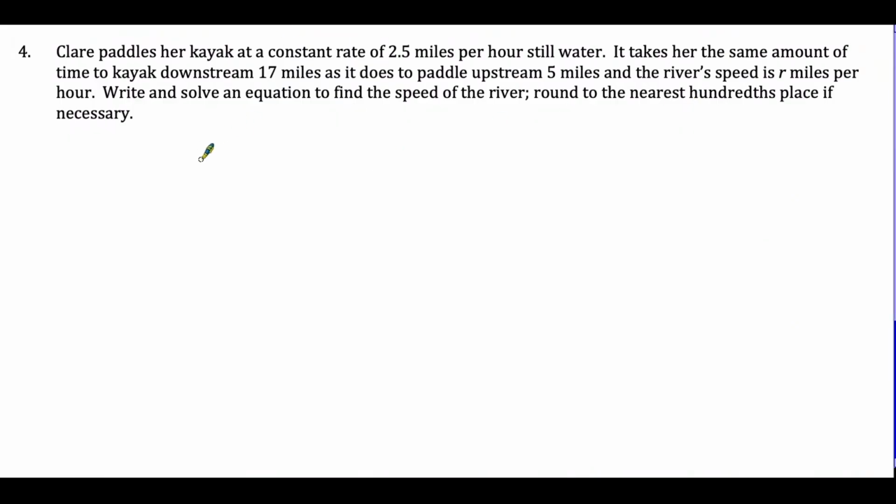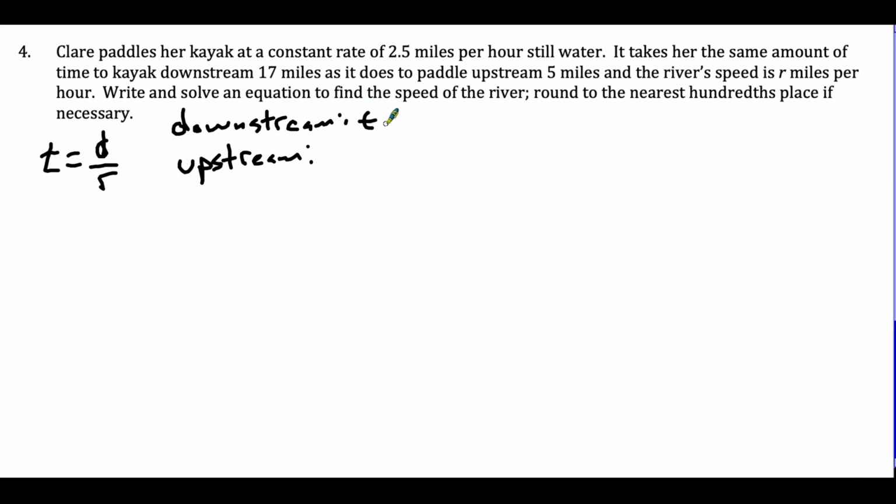To do that, I need to first write expressions for the amount of time it takes her to go downstream and upstream. So to go downstream, let me write this over here first. Time, we talked about this in class, time is equal to distance divided by rate.